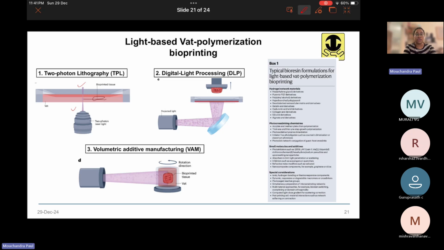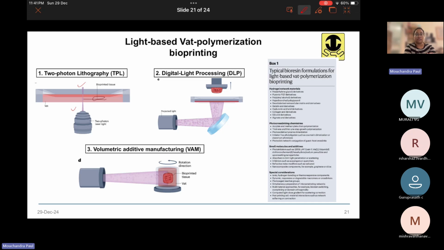Another way is you use a layer of light. You don't use a laser point, you use a planar layer of light. And this one layer of light, when it comes in contact with the resin, that layer gets cross-linked.